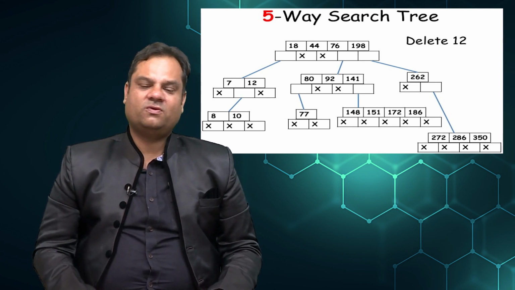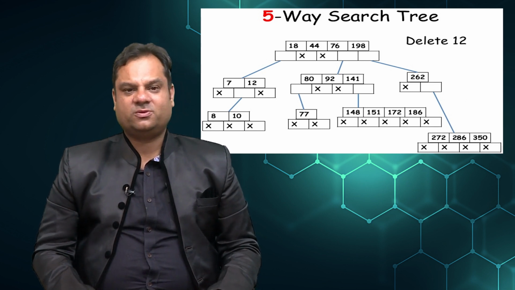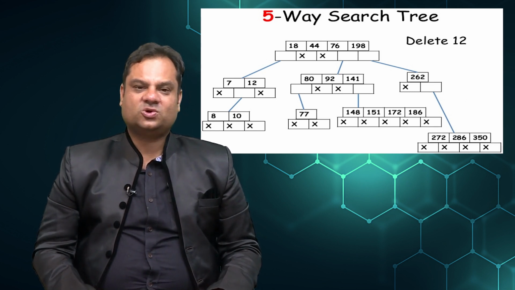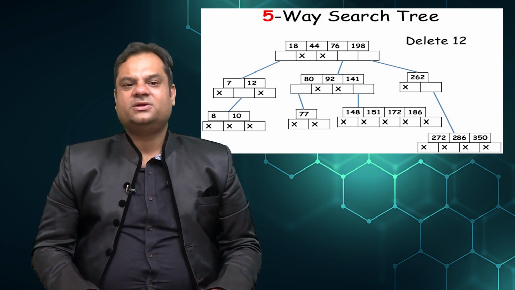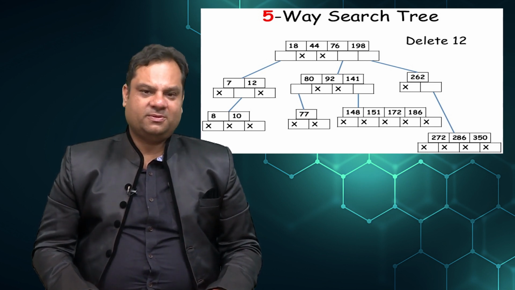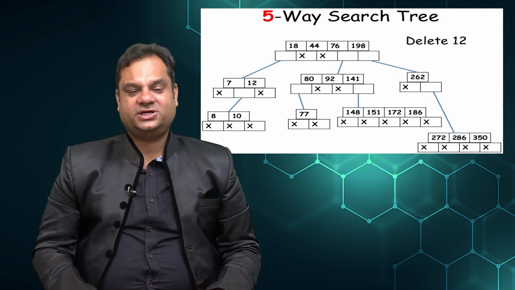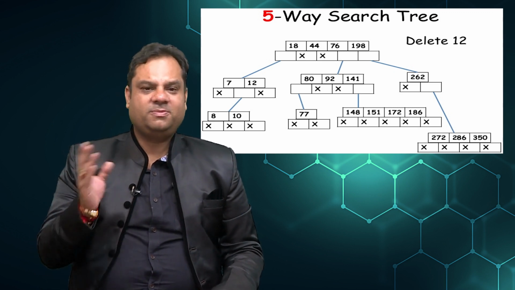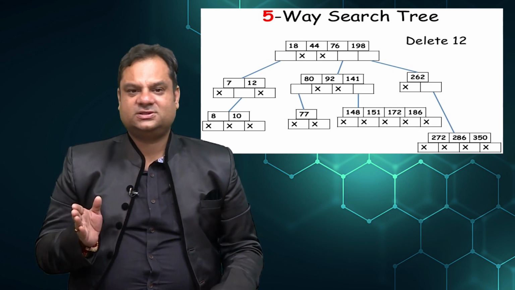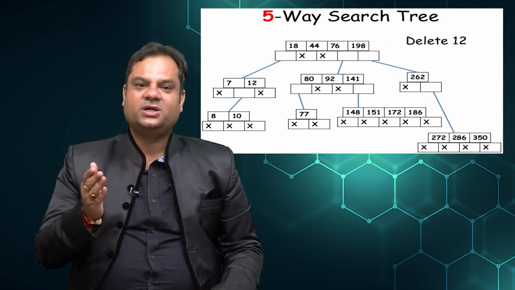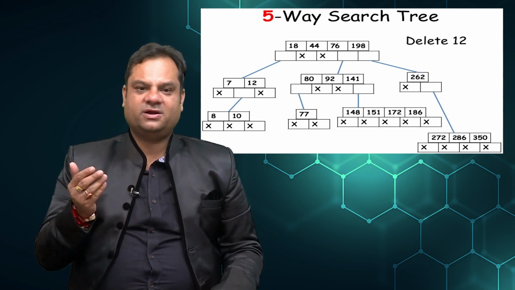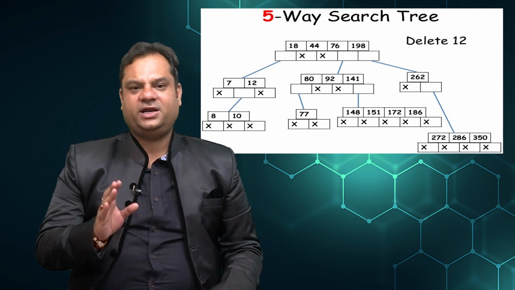Now when we go for deleting or removing 12 from the tree, first we have to cross check the children part. Here we have Ai but Aj is not available, Aj equal to null. This is a completely vice versa case of the last one, when we deleted 262. Here Ai has items 8 and 10 and Aj equal to null.